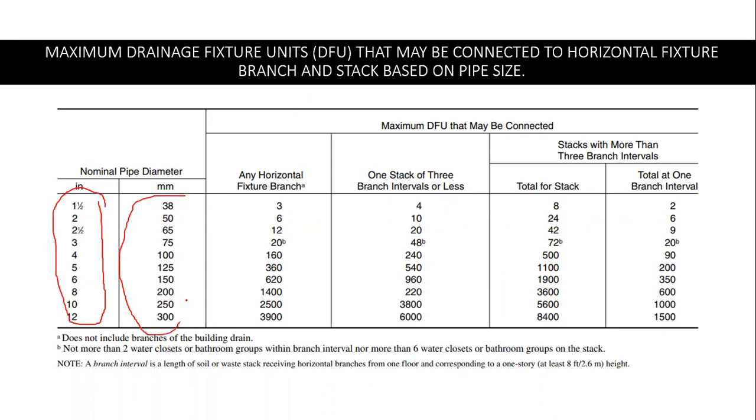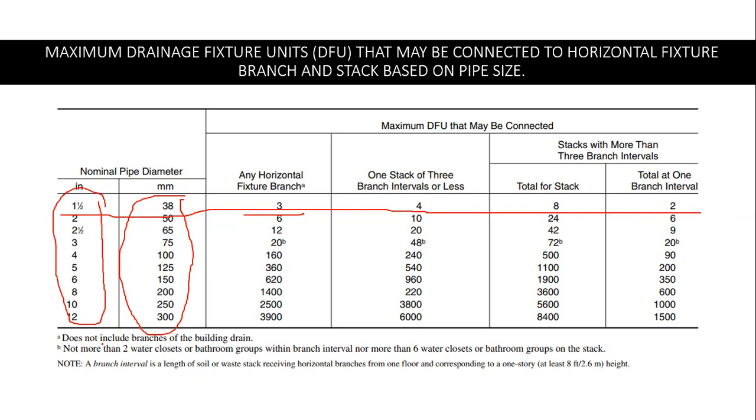For millimeter, any horizontal fixture branch, one stack of 3 branch intervals or less. Total for stack total at 1 branch interval.